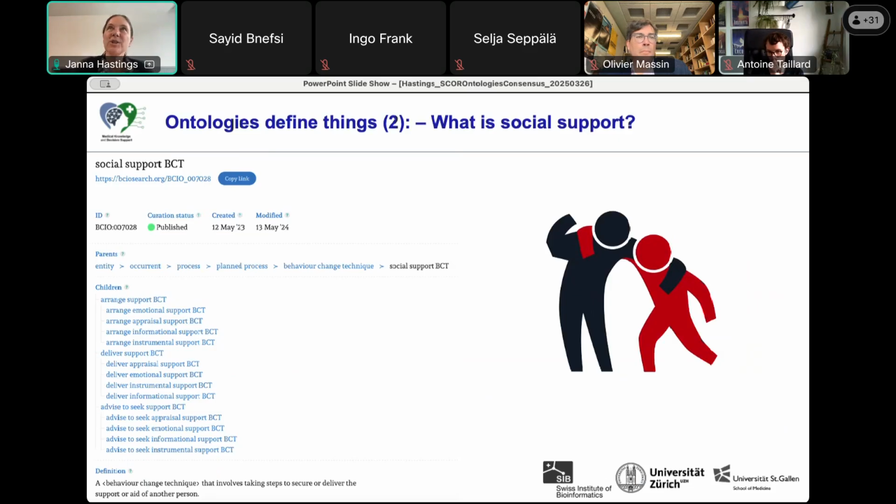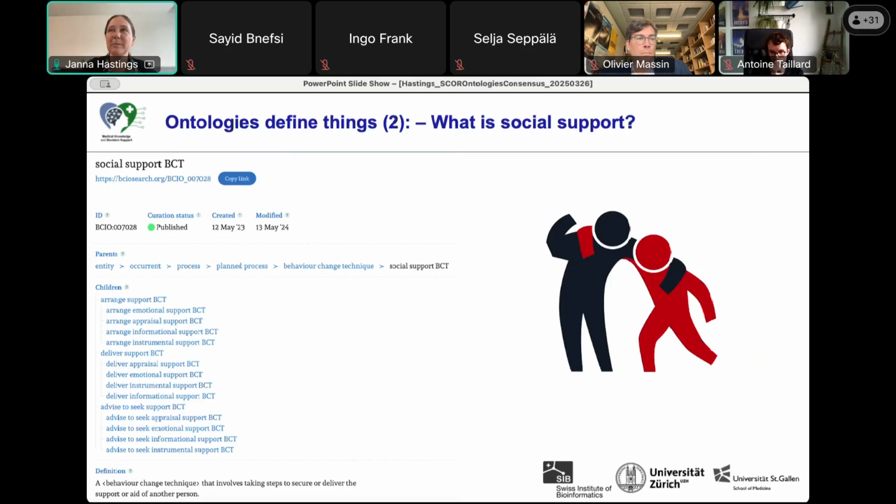And social support is often mentioned in publications. Yes, so we set up this behavior change and people were given social support. But it's not necessarily specified in the publication what kind of social support was actually given. And here you see that if you really do the conceptual analysis and break it down, there are actually lots of different ways that people can be given social support.